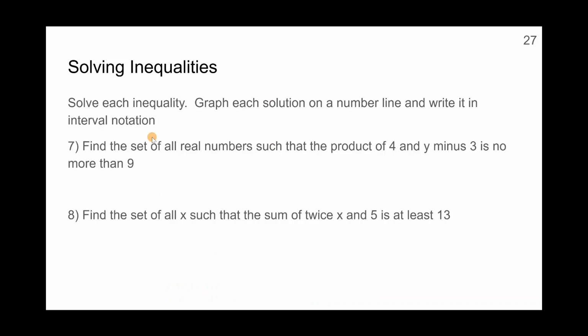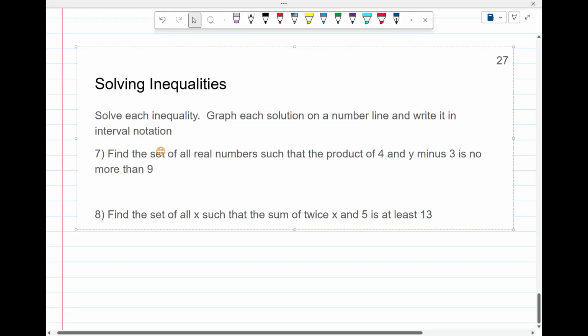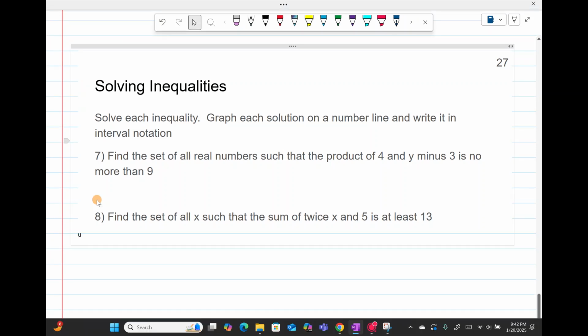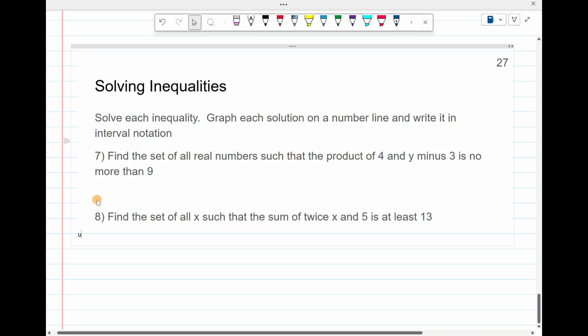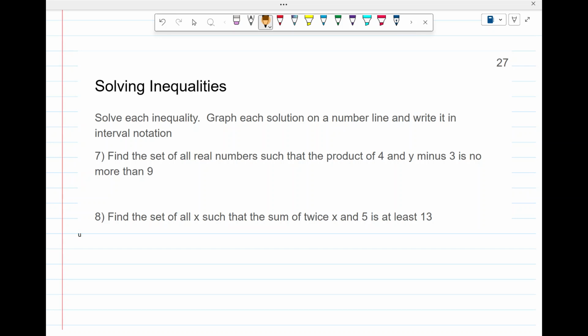All right, so let's go ahead and get started on this. Here is my suggestion. Whenever you are given an equation or an inequality that is given as a sentence, first step, carefully translate it. And what I like to do is just start by writing down the sentence again in one line.